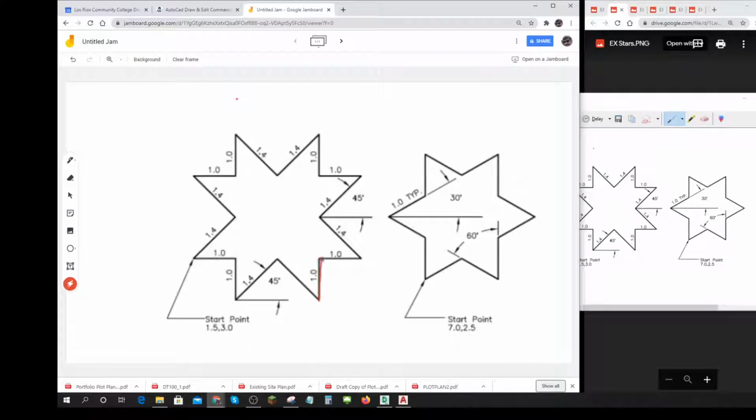That's 90 degrees, 2 times 45. That's 0, 0 times 45. That one's at a 45. And all the ones that are at 45 are 1.4 long. And all the ones that are up and down and sideways are 1 long.